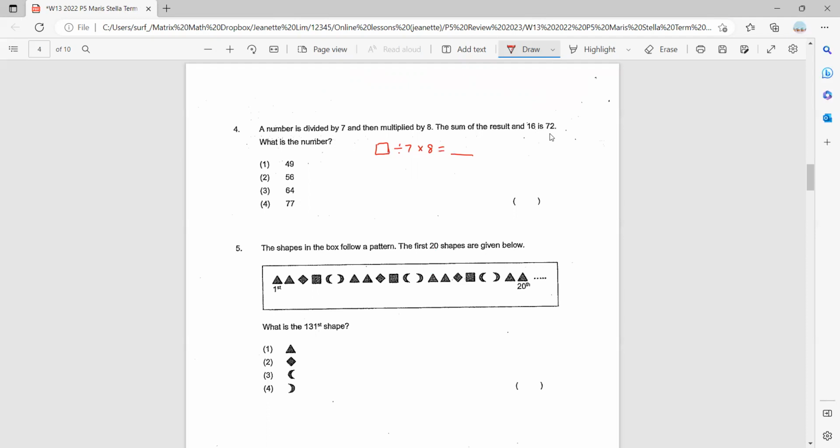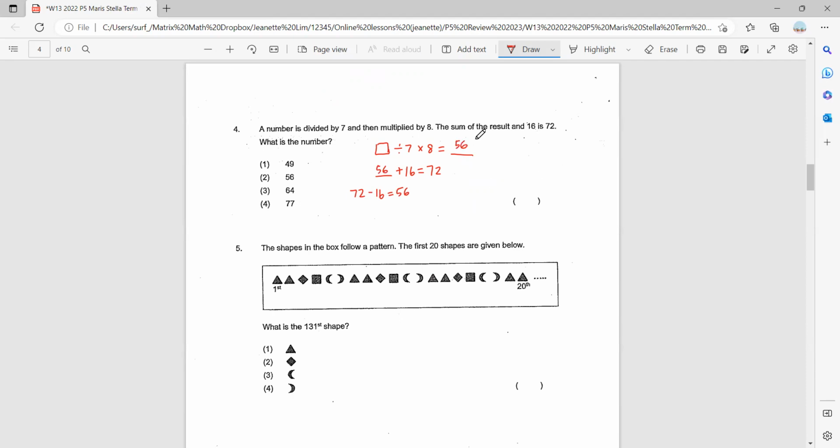The sum of that result and 16 is 72. So if you work backwards, you're supposed to take 72 minus 16 first. This should give us 56.